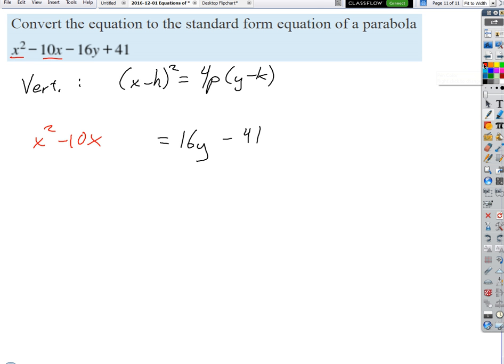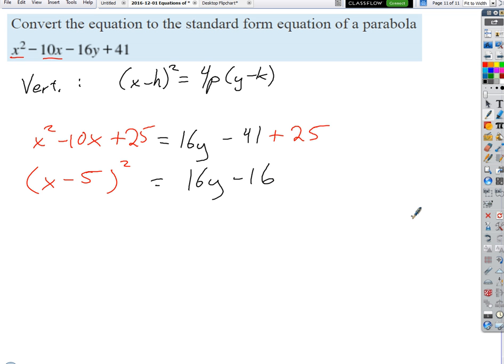Now this side is gonna become x minus 5 squared, which means I have to add to both sides 25. Okay, so that's good. We got the left side all squared away. On the right side, we've got 16y, negative 41 plus 25 is what? Negative 16.